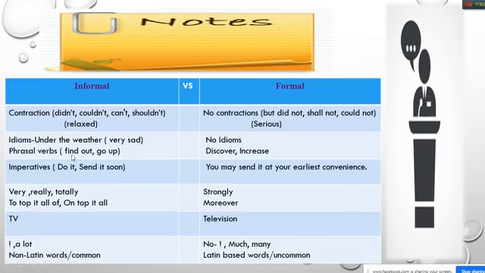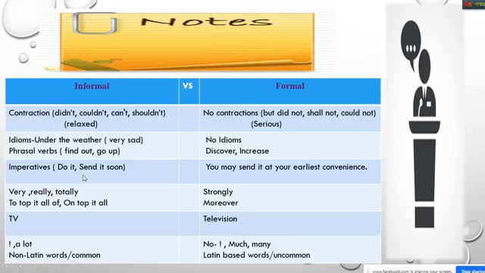But phrasal verbs, you can write in your informal letter, like find out, go up. You can convert these expressions into another word if you want to write in your formal letter. Find out, you can convert to discover. If you want to write go up, you can use increase, because it has the same meaning.